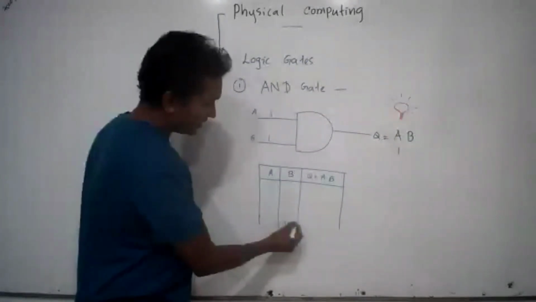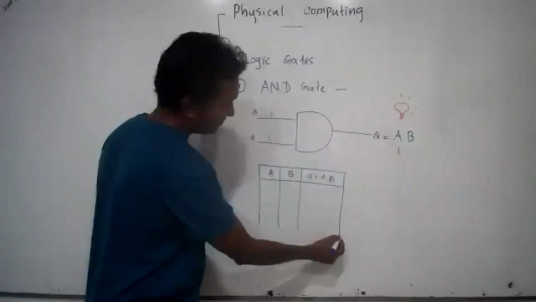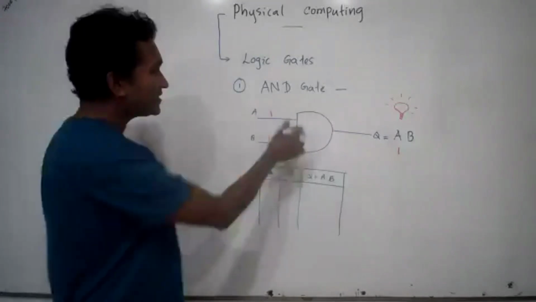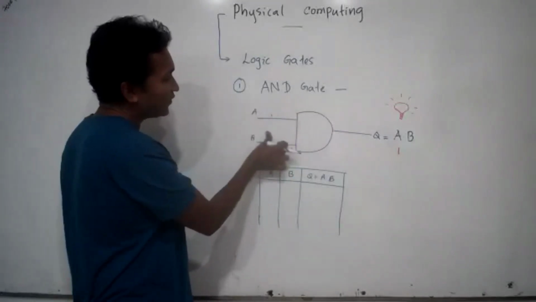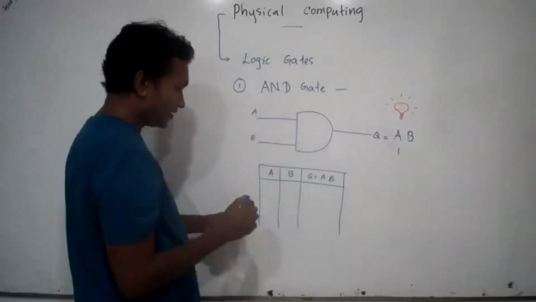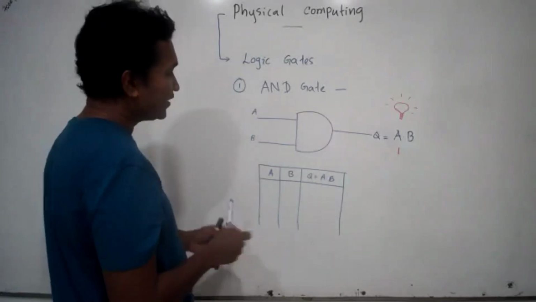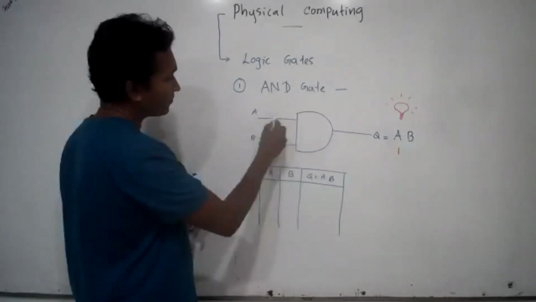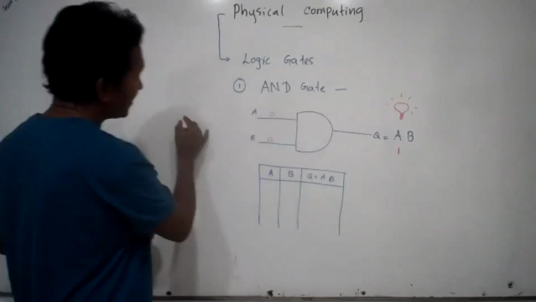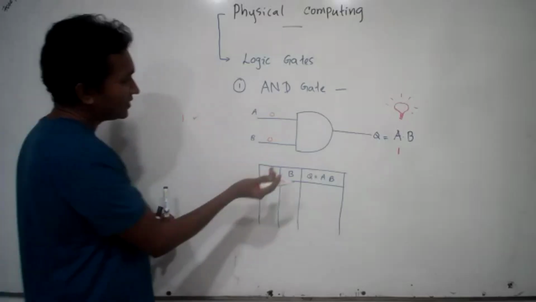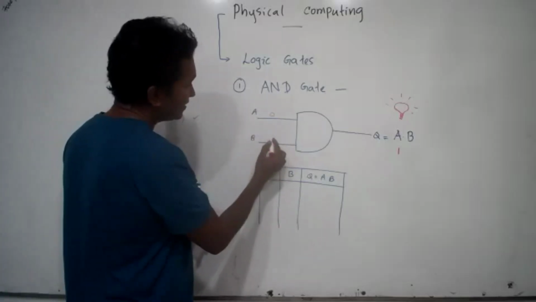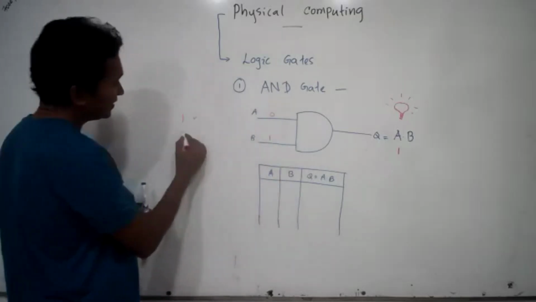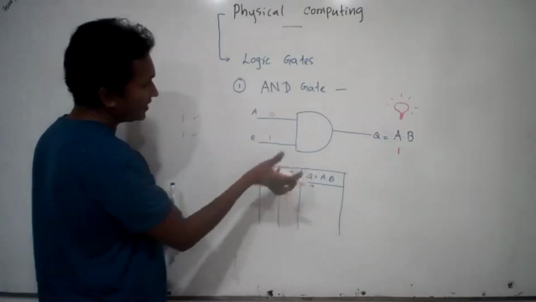How many possibilities are there? It can be 0 0. It is one possibility. It can be 0 1. It's another possibility.